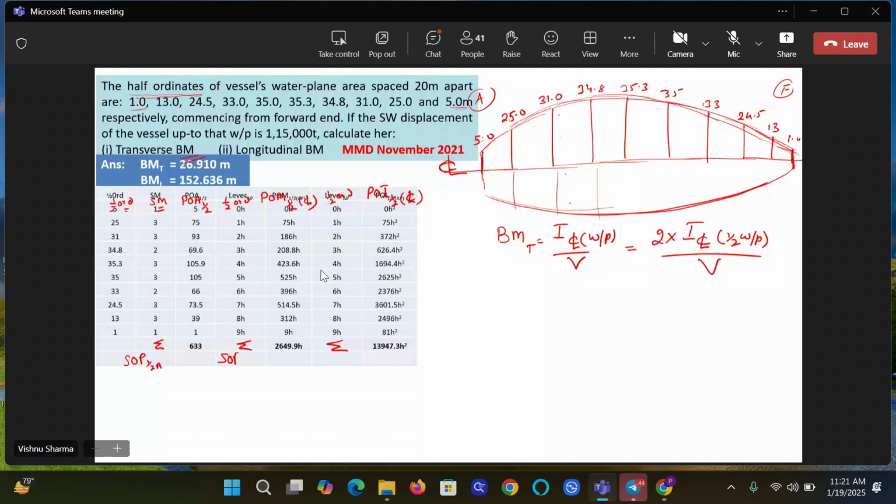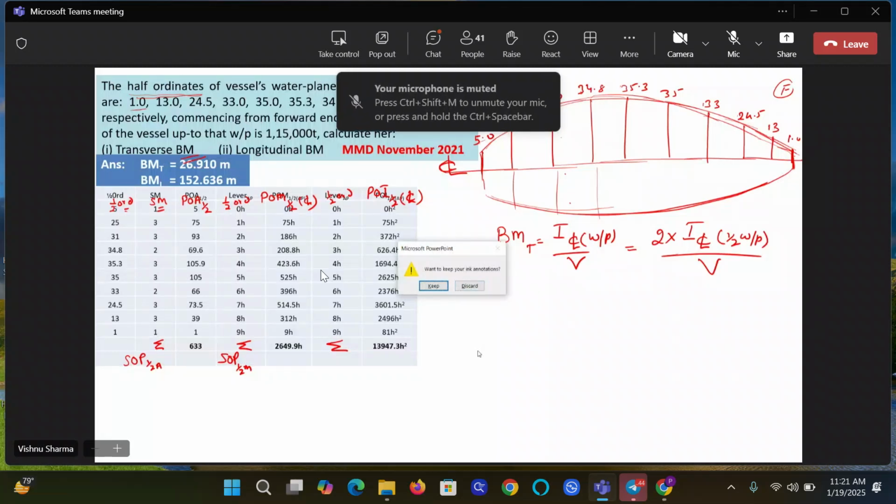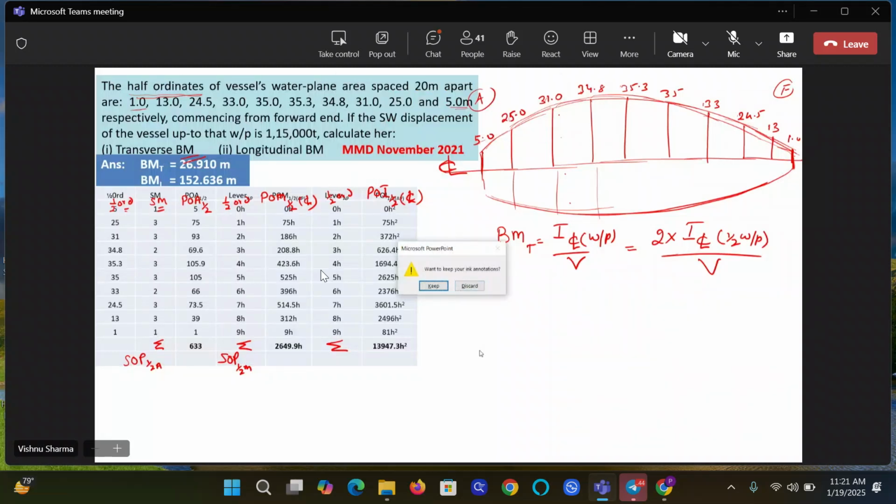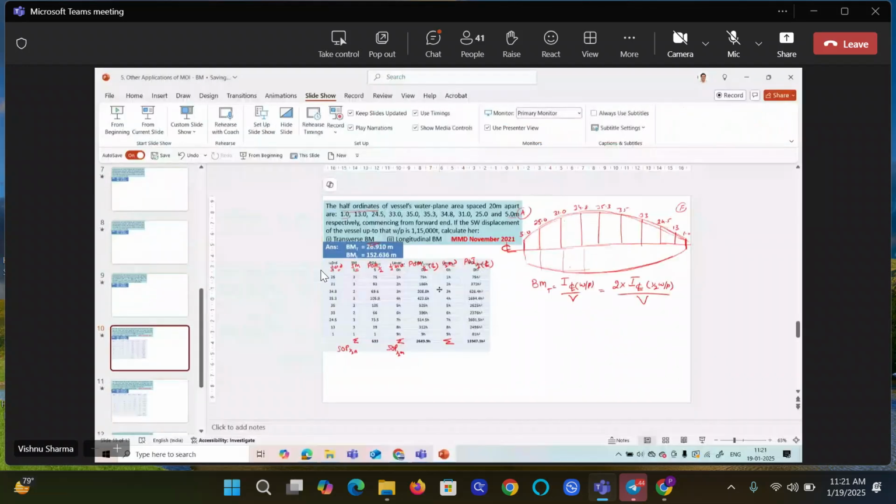But isn't this longitudinal? Sorry, this is longitudinal I've used, is it? Yeah, this is horizontal. Okay. That will be on the next slide. Don't worry, I'll go there. No problem, I'll change the table. Then I'll bring the table here. Just give me a second. Otherwise, everything will disappear from here.